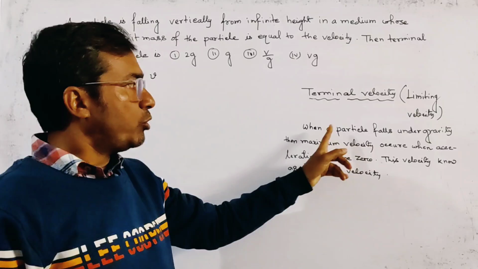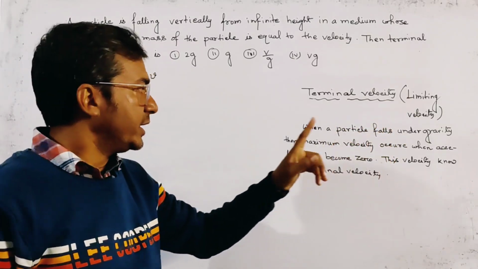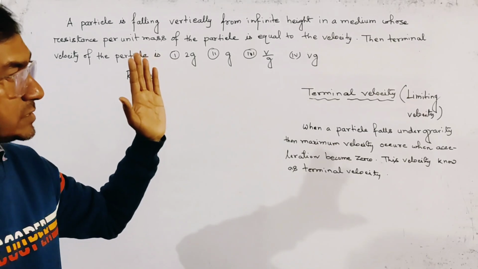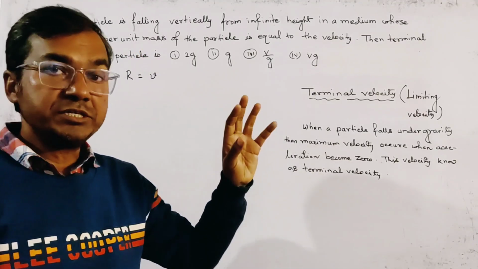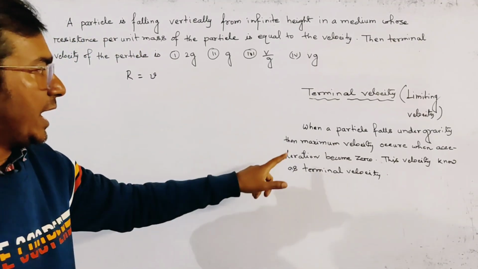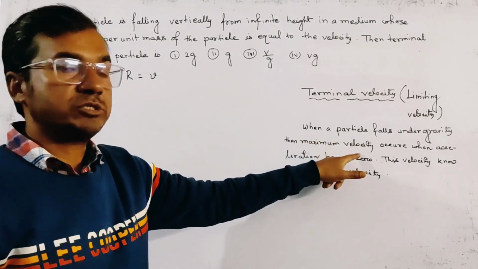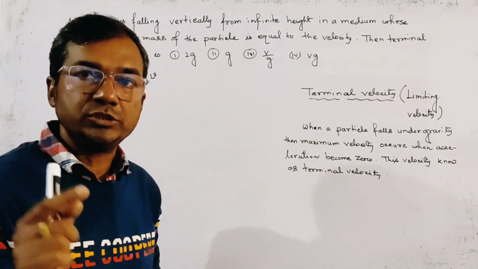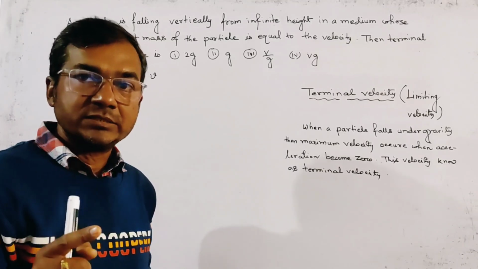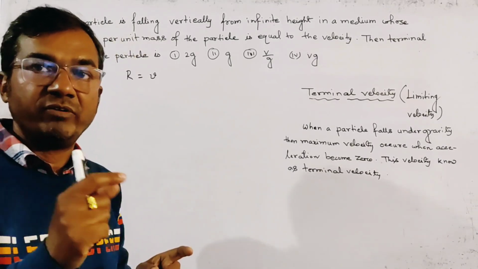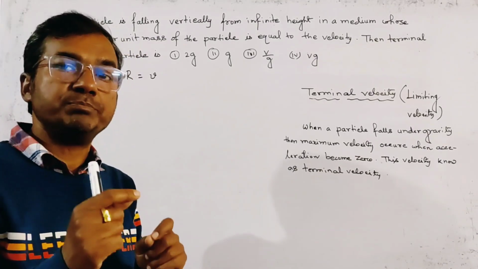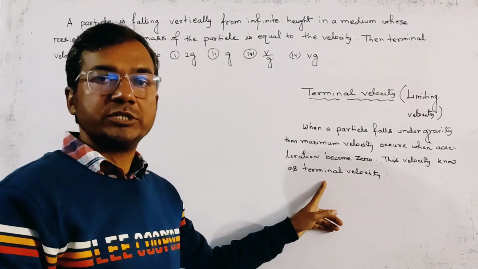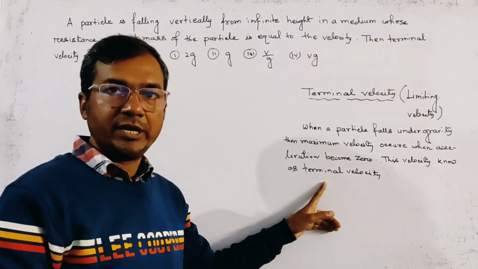When a particle falls under gravity in a resisting medium, the maximum velocity occurs when the acceleration of the particle becomes 0. At that time the velocity of the particle, which is the maximum of this motion, is said to be the terminal velocity or limiting velocity.